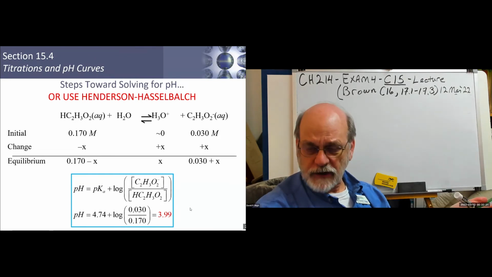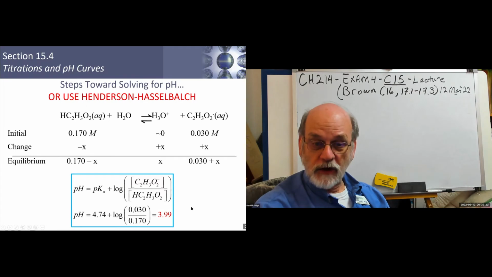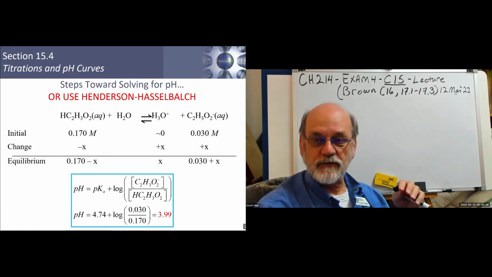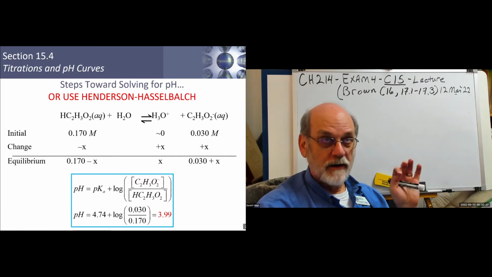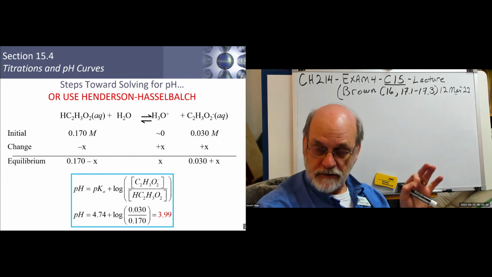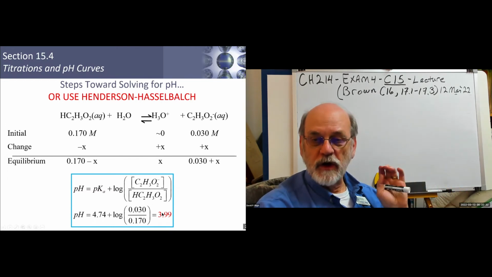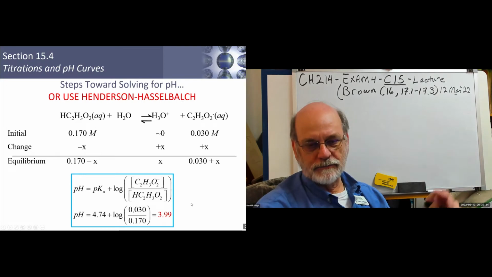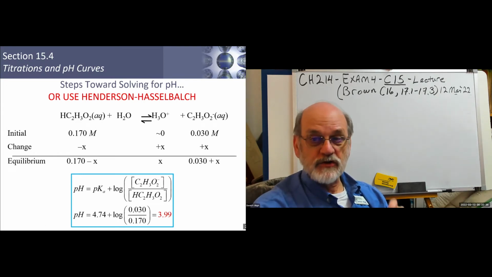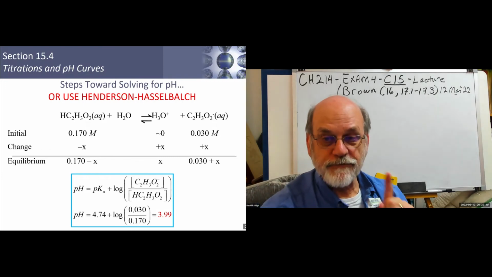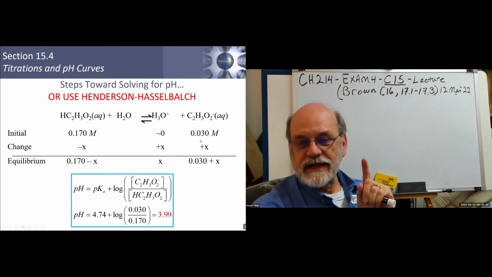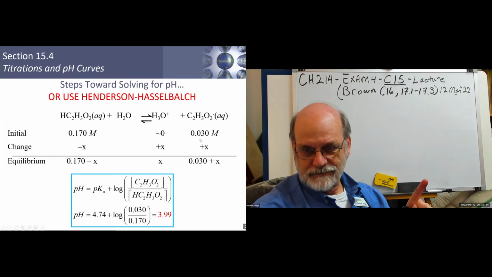So we don't have to go through the equilibrium setup. The Henderson-Hasselbalch for a buffer solution calculation will work just as well. And it's much simpler. But you do have to go through the stoichiometry first to find out what equilibrium looks like.